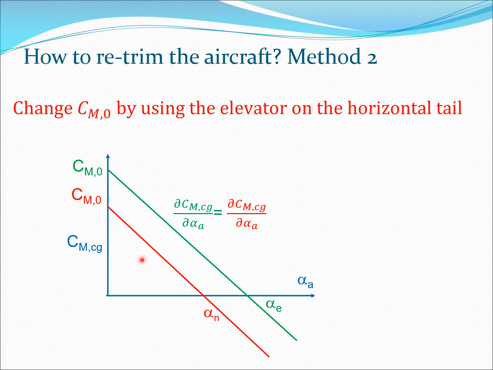You want to move this line to a new line here, the red line here, where the trimmed condition is given by alpha n. And so what you could do is that you could change the CM0 value and you could keep the slope of these two lines exactly the same. So that's what you see here. The slope of the line is the same, but the CM0 value has changed. So let's see how this can be done.